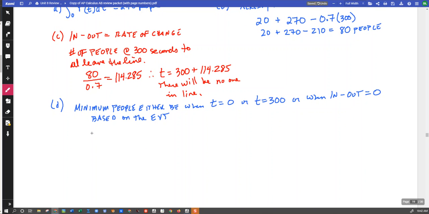I'm going to set up time t, and for time t, we're going to check out our number of people. At time t equals 0, we know our number of people is 20. At time t equals 300, we know our number of people is 80. Then we need to continue with the other portion.